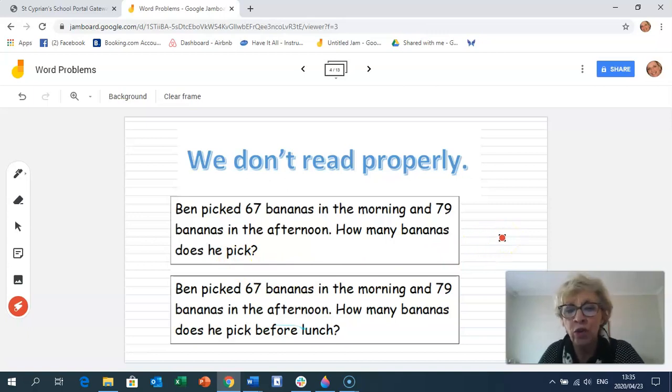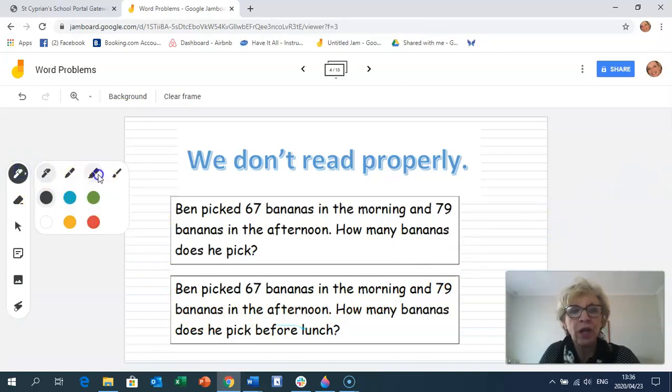This is just to show you how wording and the questions can change the whole concept of how you solve this problem. Ben picked 67 bananas in the morning, 79 bananas in the afternoon. How many bananas does he pick before lunch? Okay, so the question is totally and utterly different. We need to see that.